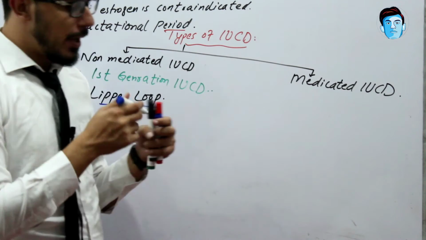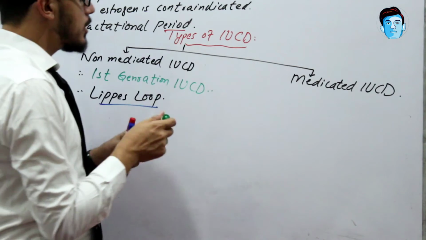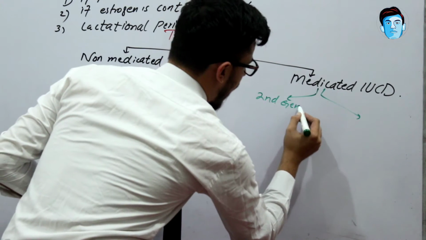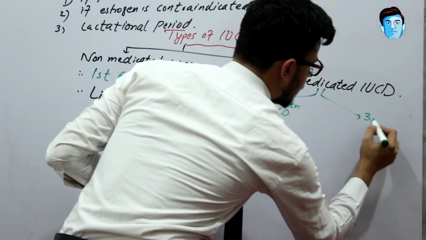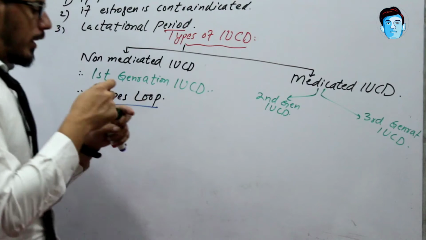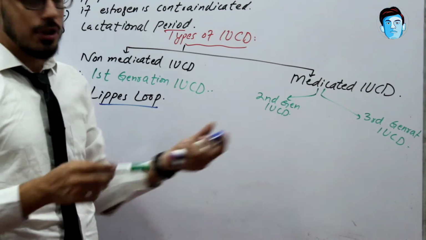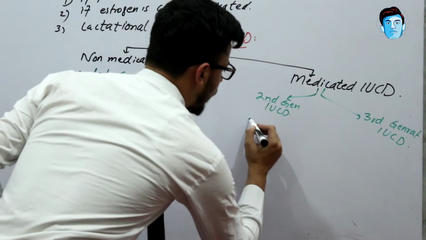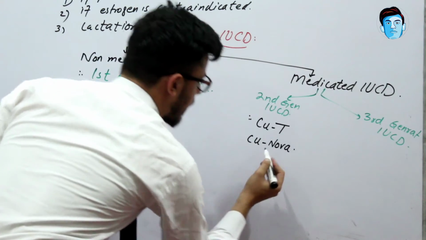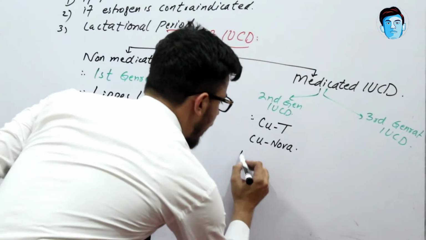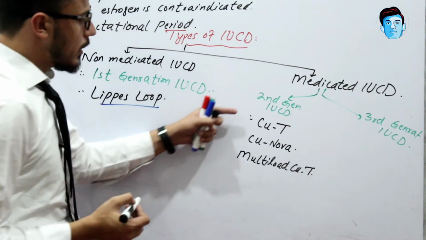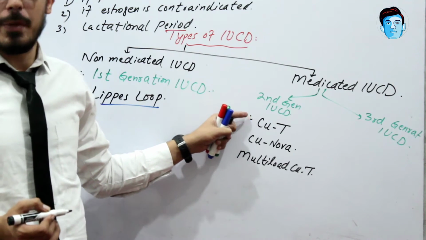While on the other hand, the medicated IUCD consists of second generation IUCD and third generation IUCD. Now, what are the examples under the second generation IUCDs? It consists of copper T, copper Nova, and multi-load copper T. The name is given according to the shape and size.